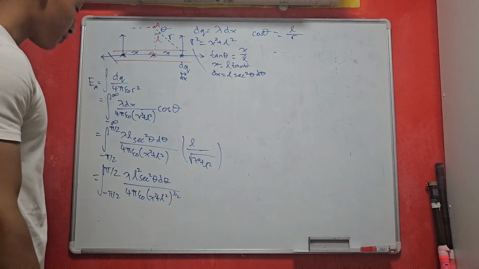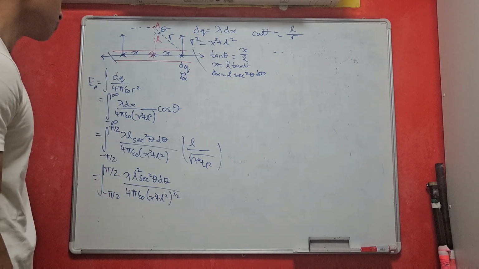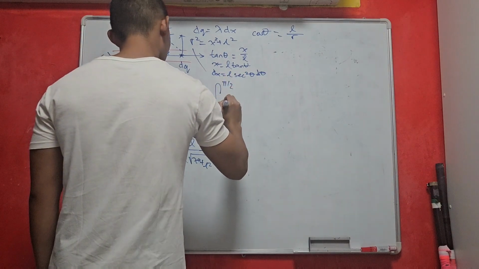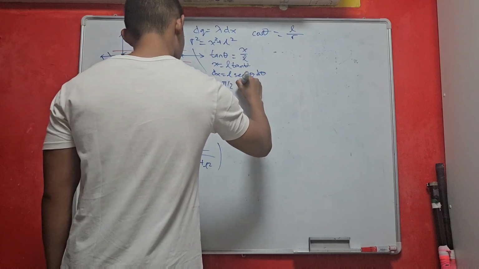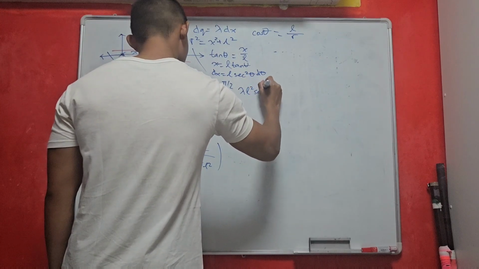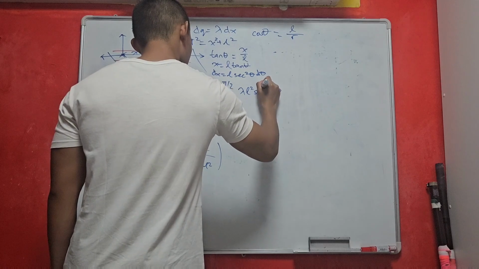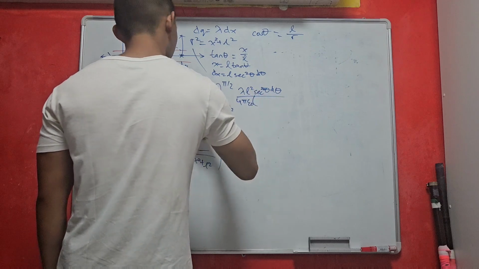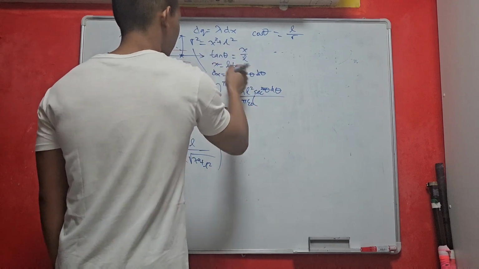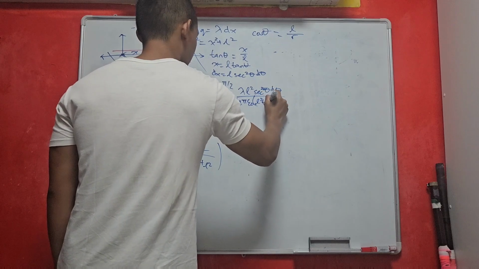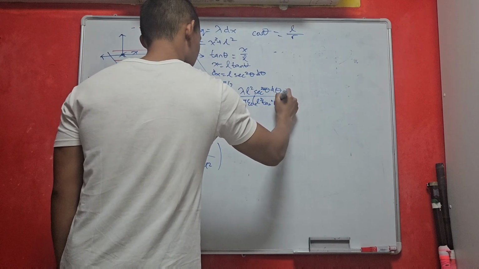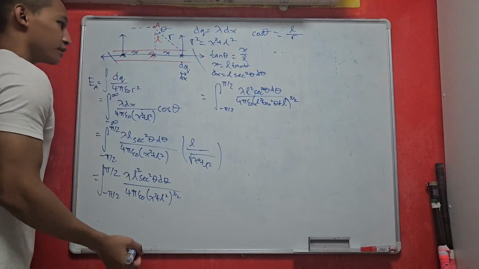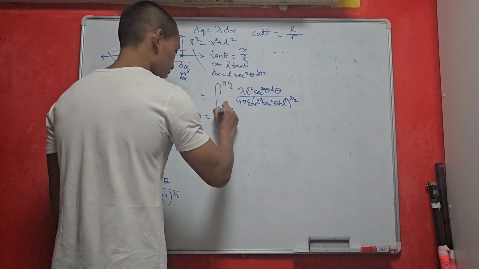Okay, now let's try to substitute the x squared. Over 4 pi epsilon naught, x squared is equal to L squared tangent squared theta plus L squared, to the 3 over 2, right?